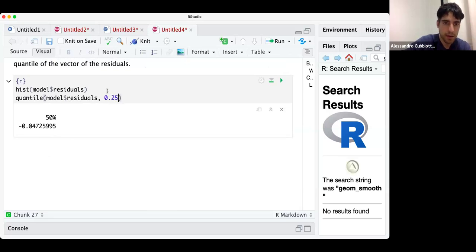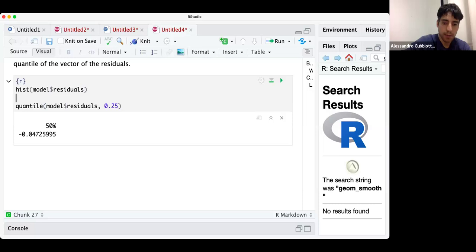So we can take the 25, the quartile, the first quartile. And we can put an upline, a vertical line on the x at the quantile at this point.